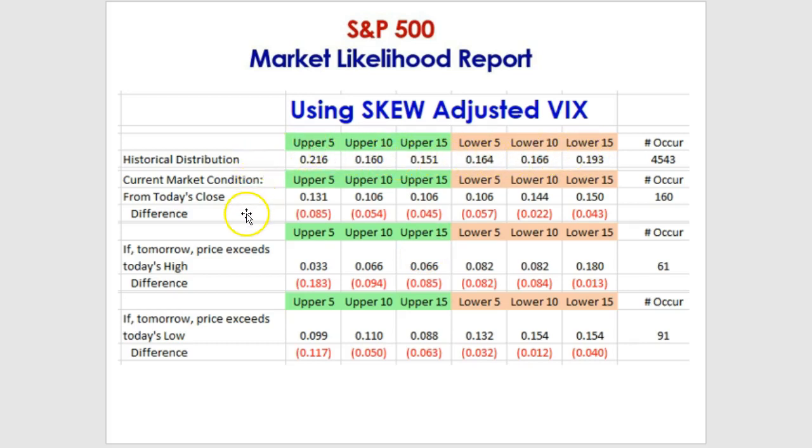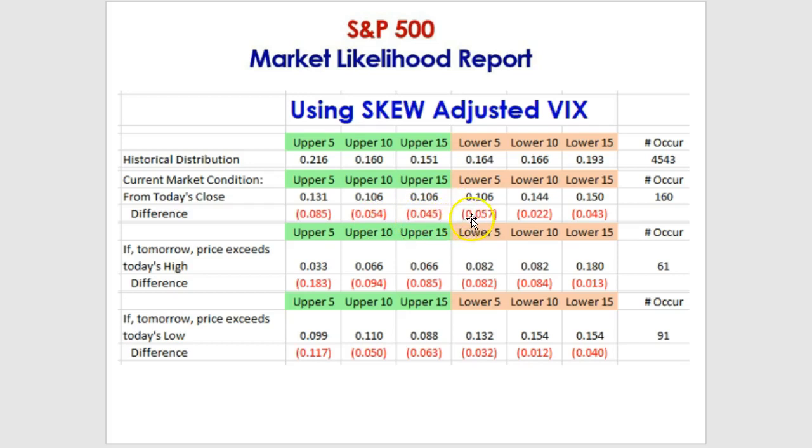Now, of the 160 occurrences of our current market condition, of those 160, the upper 5-day band was hit 13.1% of the time, which is 8.5% less often. You see that? And in fact, not only was the upper 5-day band struck less often of those 160, the 10-day band and the 15-day band, those were similarly struck less often.